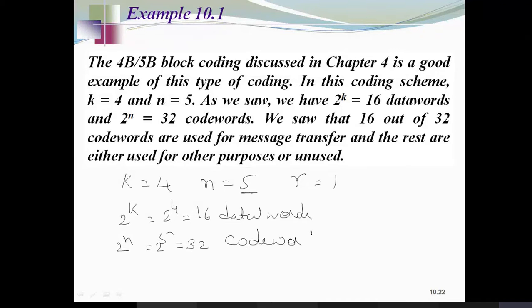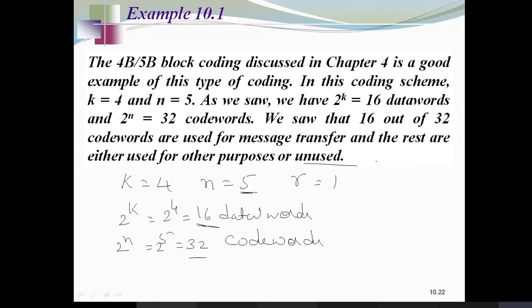It is not required to have so many code words. Out of these 32 you can use only 16 code words, and the remaining should be discarded. So 16 out of 32 code words are used for message transfer, and the rest are either used for other purposes or just discarded unused.